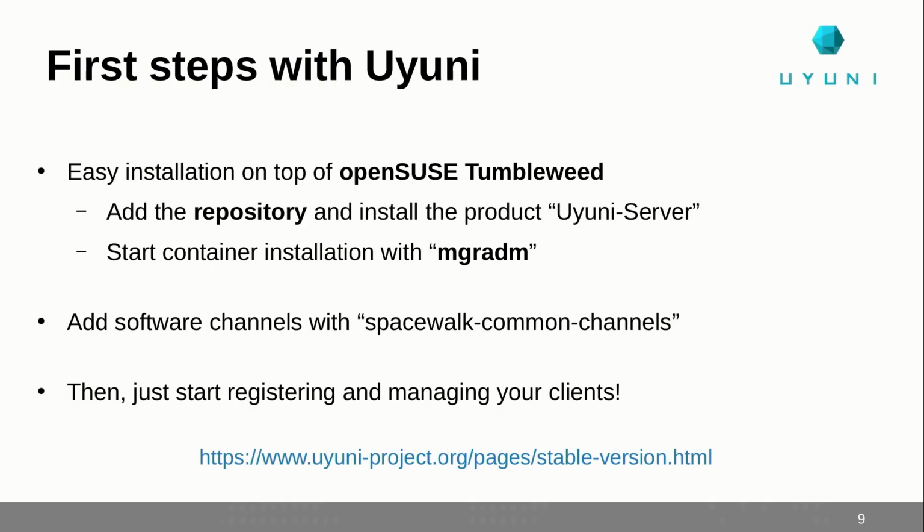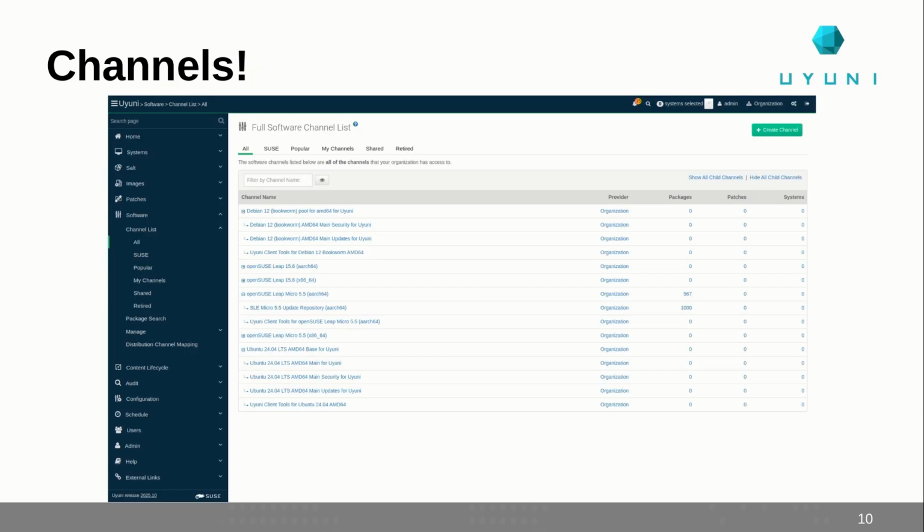You have your Linux distribution. You want to manage it with Uyuni. What to do, how to get those repositories out of something. And that's the idea. This one is a part of the interface of Uyuni, and Uyuni calls these repositories channels, and they are the repositories that normally you have in your Linux distribution.